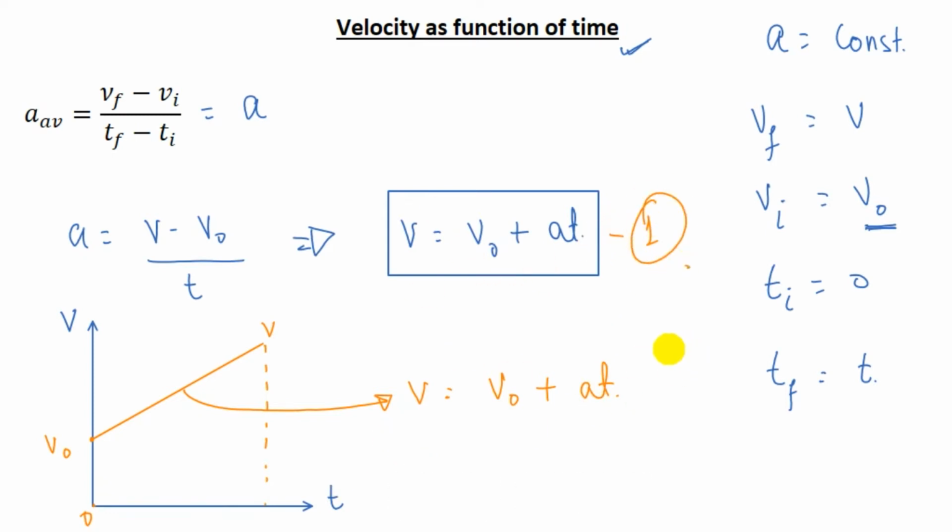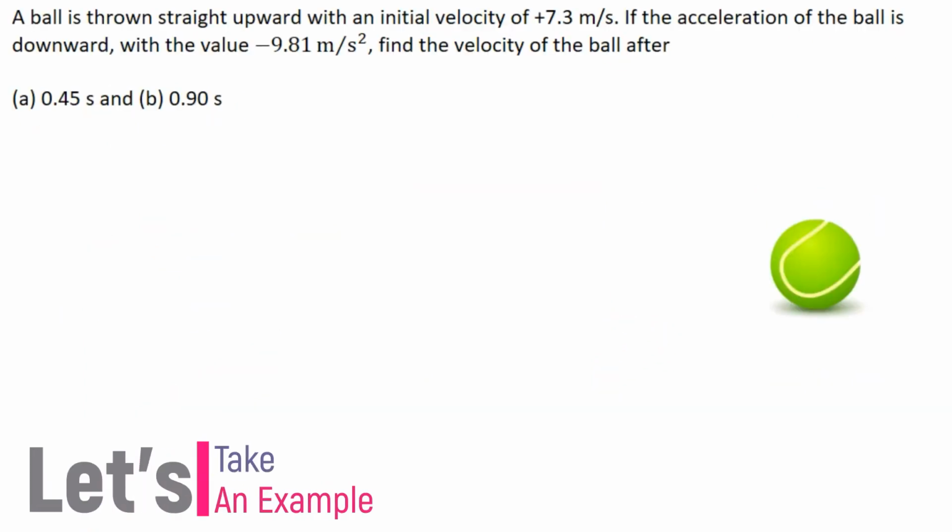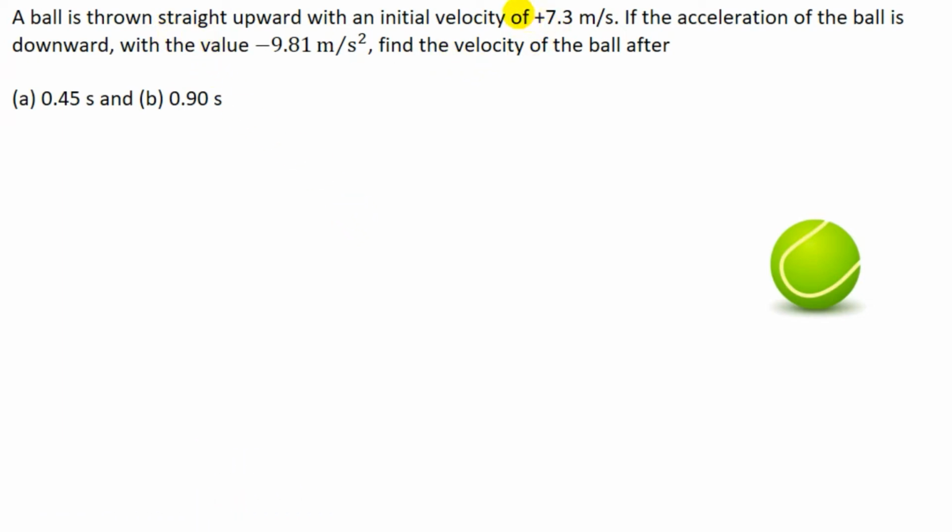Now let's take an example based on this equation. So here in this example we are given that a ball is thrown straight upward with the initial velocity 7.3 meter per second, and the acceleration of the ball is downward with the value 9.81 meter per second squared, and we need to find the velocity after 0.45 second and 0.90 second.